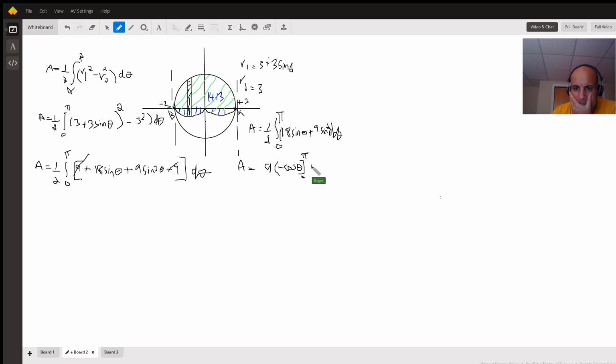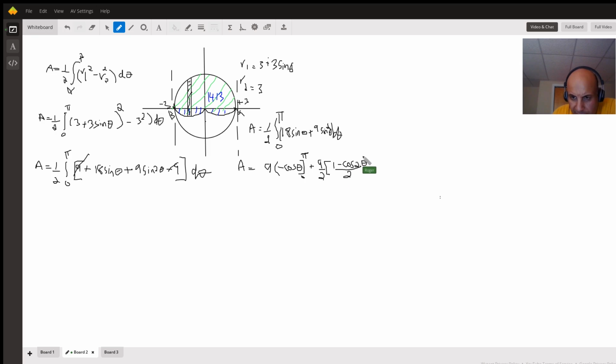Plus 1/2 times 9, 9 over 2, times integral of sine square theta. So what's sine square theta equal to in terms of trigonometric function? It'll be 1 minus cosine 2 theta over 2.